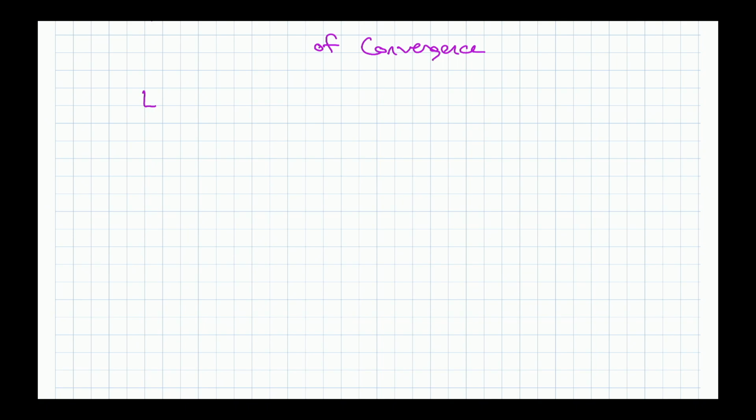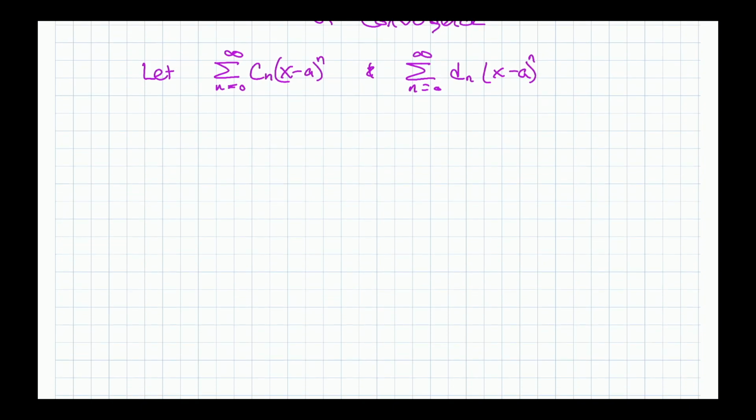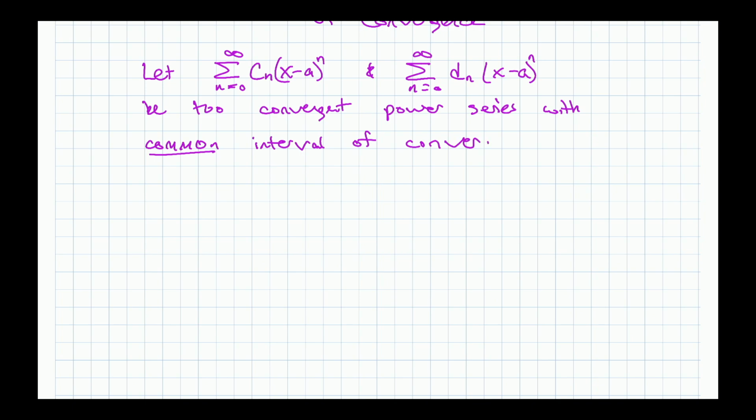So let the sum from n equals 0 to infinity of Cn (x minus a) to the n, and another one, the sum from n equals 0 to infinity of dn (x minus a) to the n, be two convergent power series, and I want them to have a common interval of convergence, which is something we're going to have to talk about. Call that interval I.